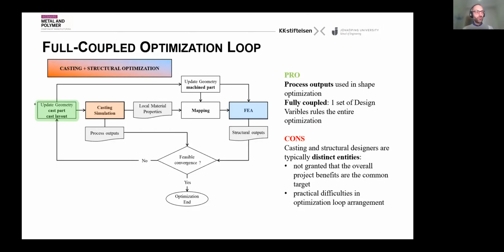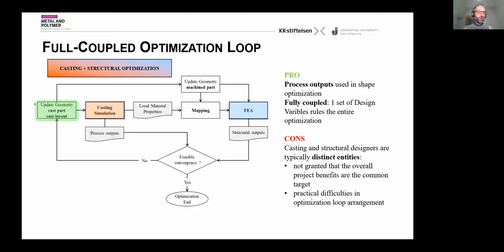But we need also to be aware that sometimes the outputs of the two optimizations are not aligned, meaning that it's not easy to get convergence on this kind of activity, and this was something that stopped us at that point. There are some practical difficulties in the optimization loop due mainly to the fact that there are a lot of software involved, and it's not easy sometimes to get them to speak together.